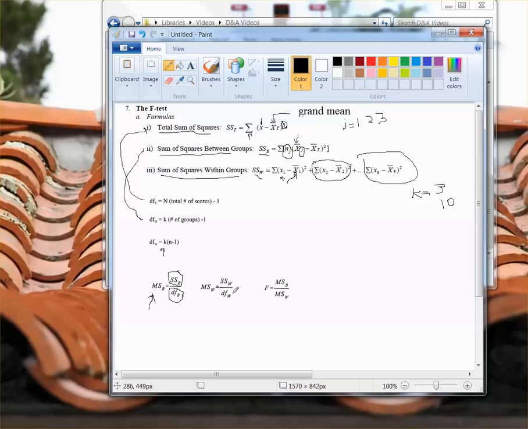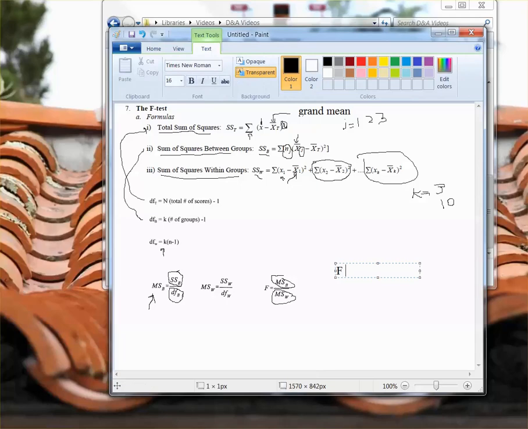Now our F ratio, at the very end of all of this, is the mean square between groups divided by the mean square within groups. This would be the F obtained, and you'd have to compare your F obtained to a critical F. Your F crit is going to be equal to, you look up the F, and of course we have an alpha level, and I can't do special characters here.